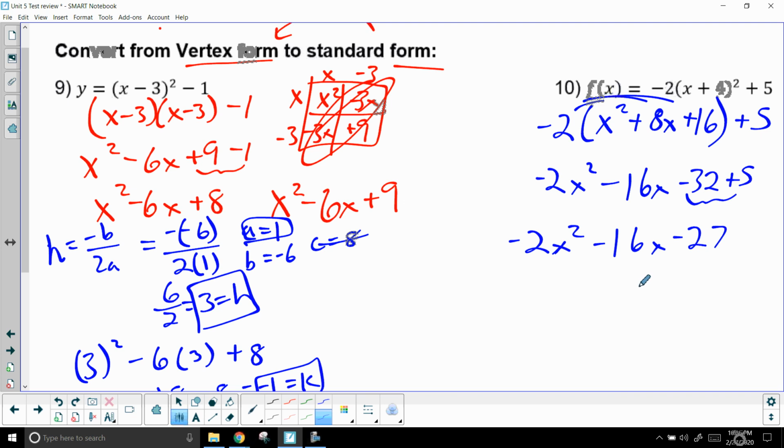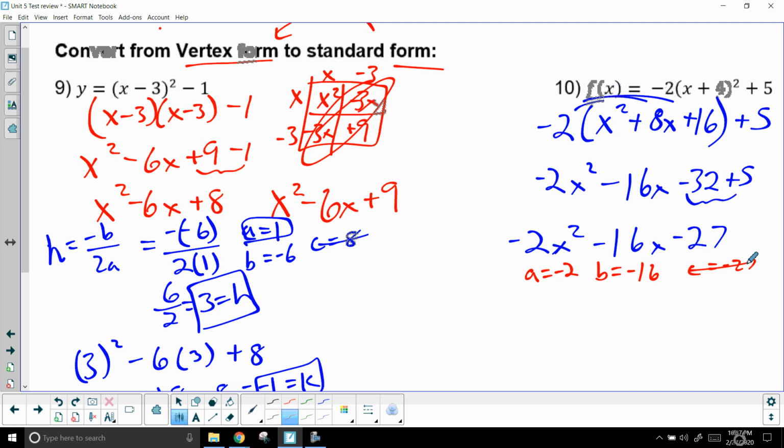But let's keep going. Change back to red. A is -2. B is -16. And C is -27, but we don't need it. All right.